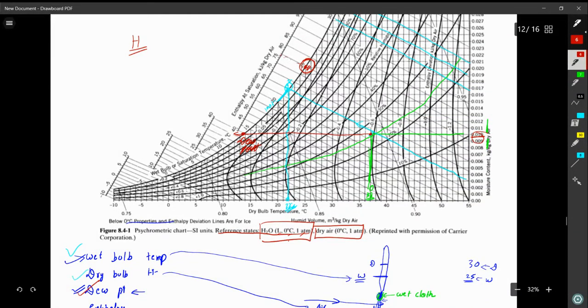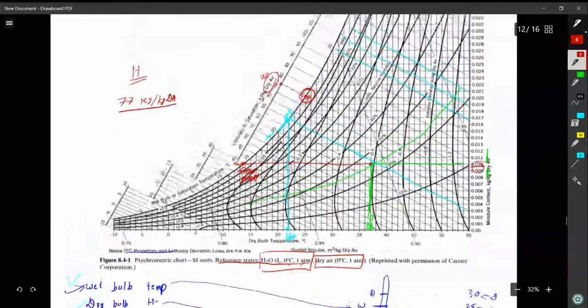So I read it from the enthalpy scale over here. It's something around 77 kilojoules per kg dry air. Over here also we are defining it with respect to dry air itself. So 77 kilojoules per kg dry air is the saturation enthalpy, if it is saturation.